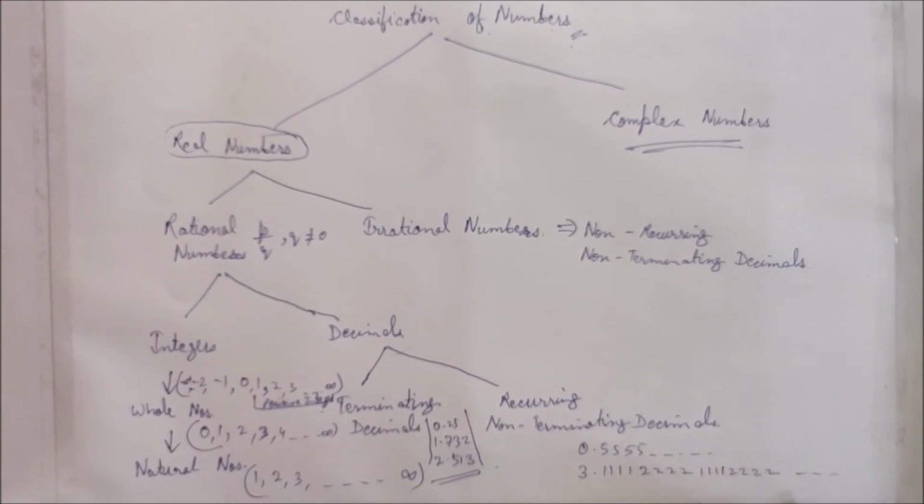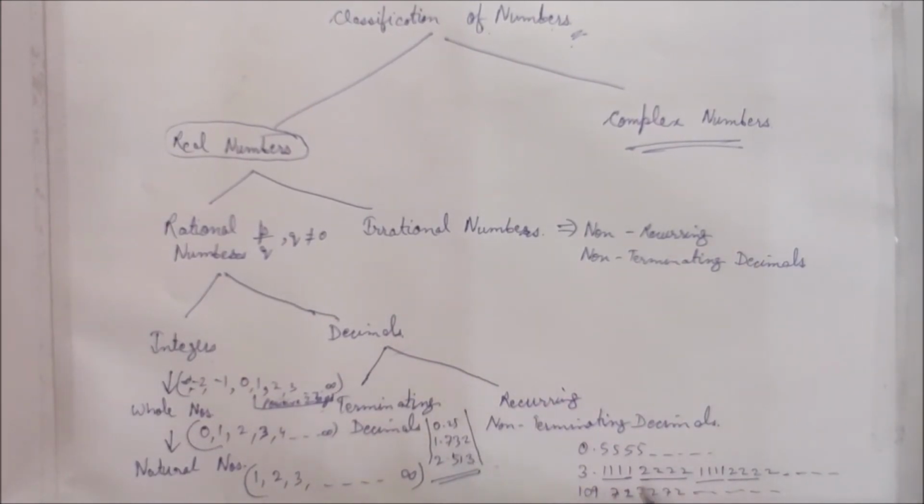You see, there are 4 ones, 4 twos, 4 ones, 4 twos, and it will repeat in the same manner. A number like 109.727272 is again recurring non-terminating, because it'll never stop, it'll keep on repeating itself.